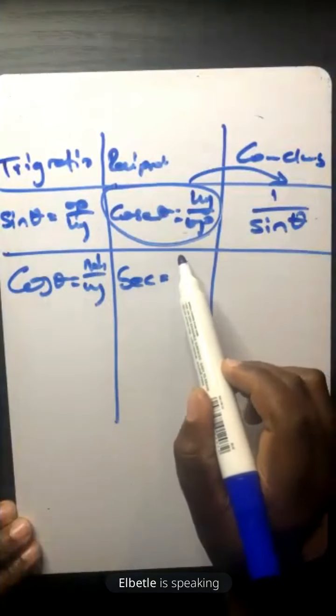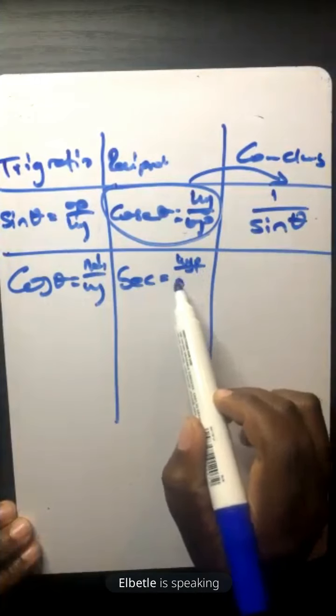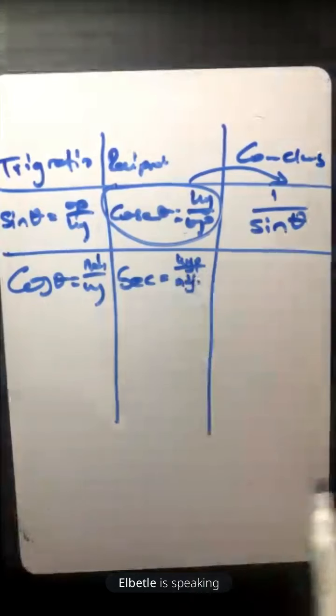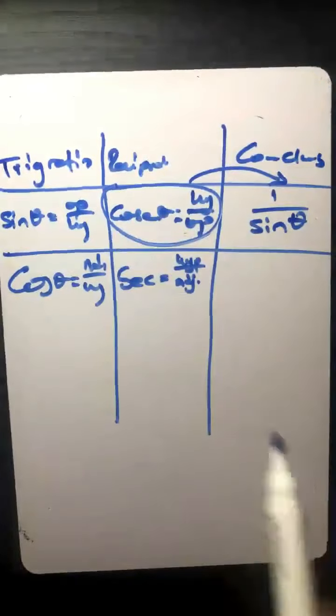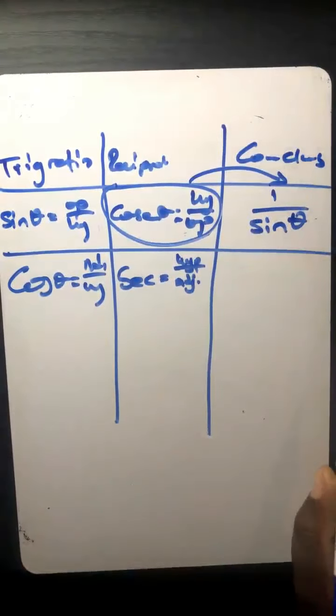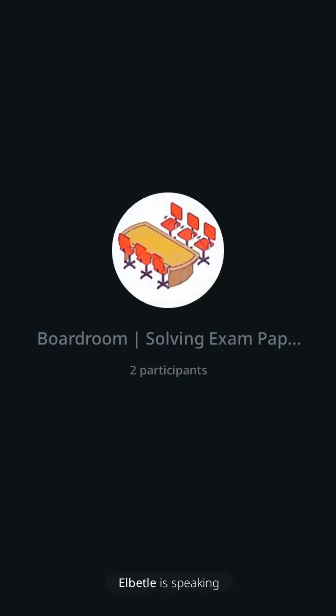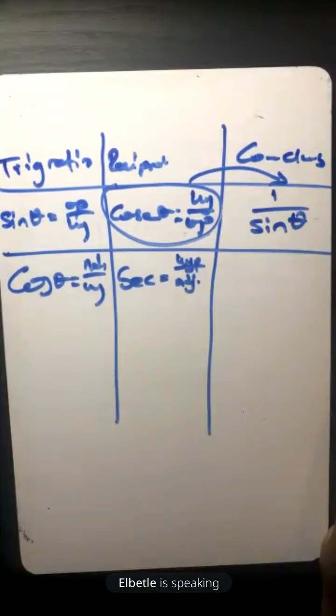Wait, sir. If we're given a question to calculate the cosec, we'd just have to take the number and just switch it. So you're saying in case there's a question which says calculate a cosec? Yes, cosec. How would we approach that question?